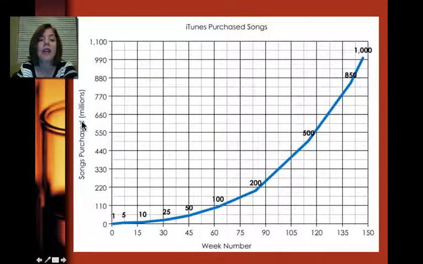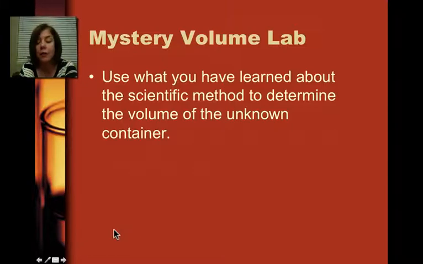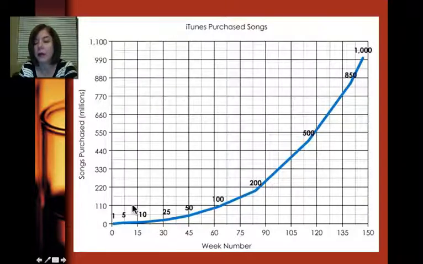You'll notice that the units and what we're actually collecting data on are on, let's go back. Okay, so this is what a line graph would look like. It would have its title. It would have the units on both axes labeled.